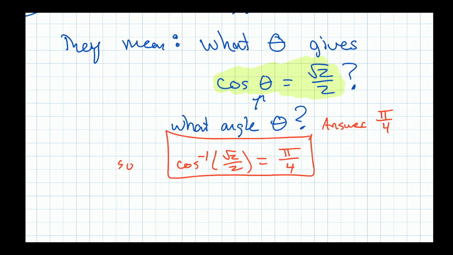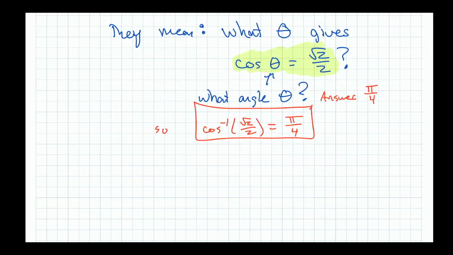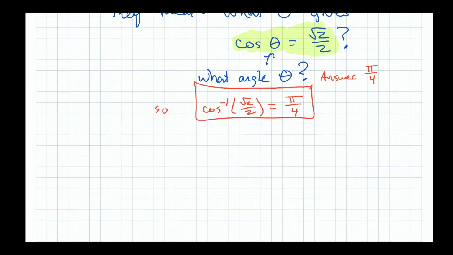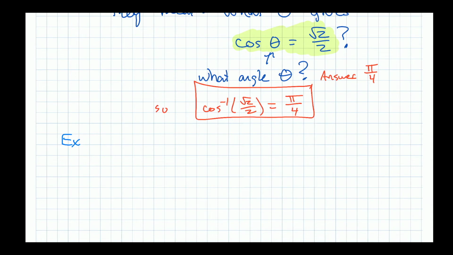Okay, and so you should be able to just do this for any of them that are in the list of tables, even the ones we haven't talked about. But we haven't talked about them, so we're not going to do it yet. But like if I say find tangent inverse of negative square root 3 over 3, right?